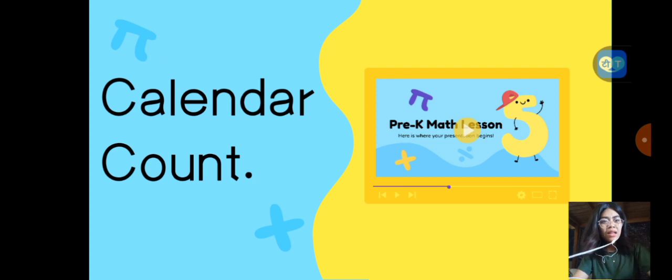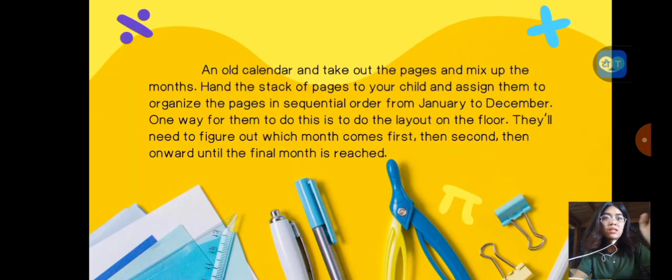What is the calendar count? You take an old calendar, take out the pages, and mix them up. Then you give the stack of pages to your child and assign them to organize the pages in sequential order from January to December.